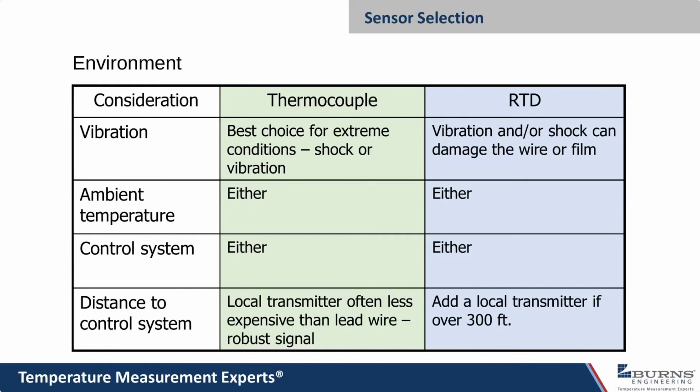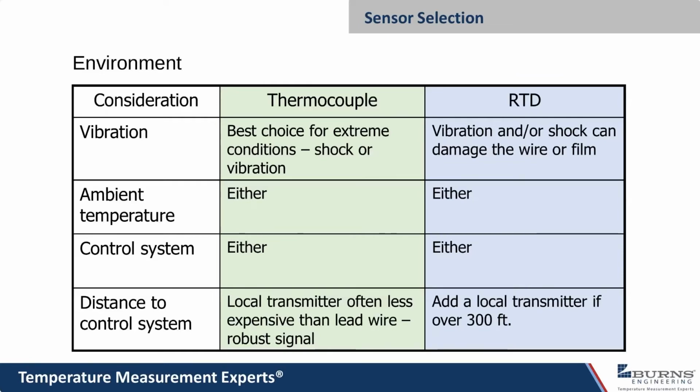But the distance between the measurement point and the control system, or it might be a chart recorder, whatever it is, thermocouples are really sensitive to electromagnetic and radio frequency interference. So you really need to use shielded thermocouple extension wire to avoid that.